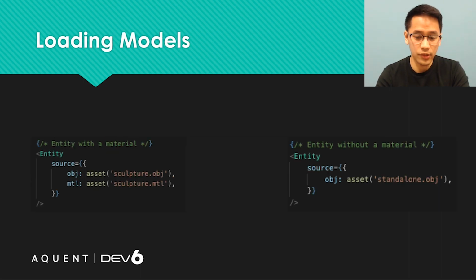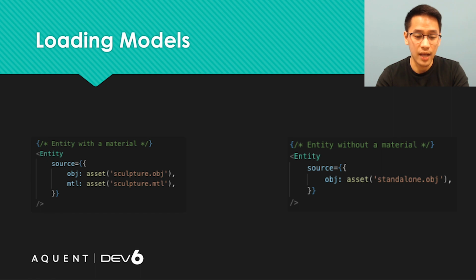So loading models. There's two ways of doing it. We have to use the entity component here, and if you're using the object format, then you can either just have the object by itself, or you can also provide a material which acts as a texture or skin for your 3D model. So that's the one on the left with the actual material.